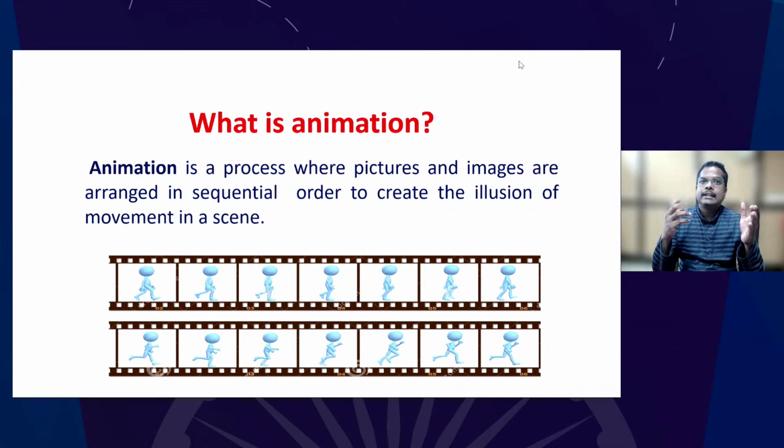If I am taking a video of this movement, the mobile or video camera will take 25 photographs, reaching 25 frames per second. When all the frames are played together, you get an illusion that my hands are moving towards the clapping sound. It's the very same way in animation also.